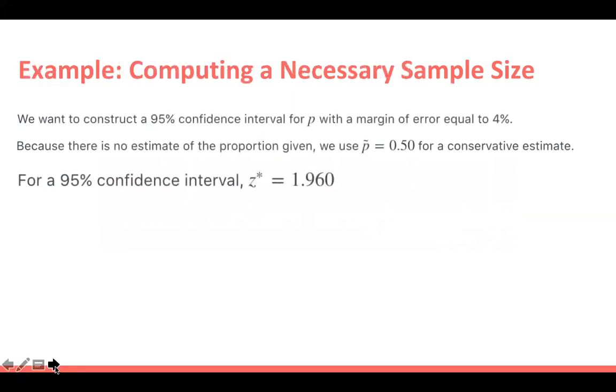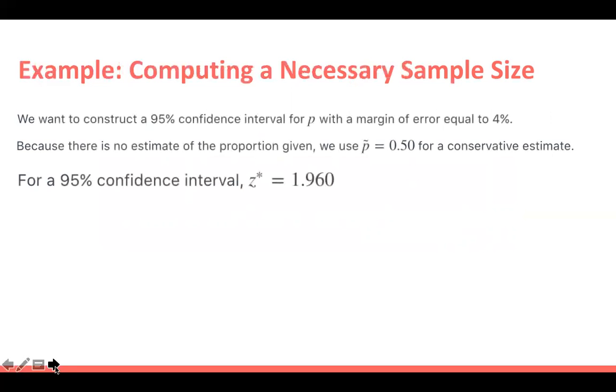So here's an example of computing a necessary sample size. So if you want to construct a 95% confidence interval for a certain population proportion with a margin of error equal to 4%, then we will need to calculate a sample size in order to get those results.